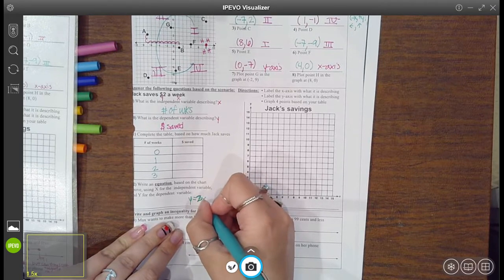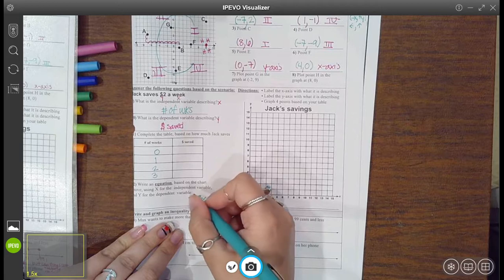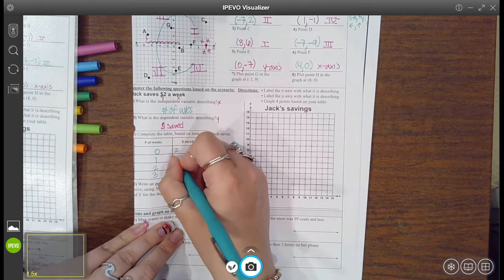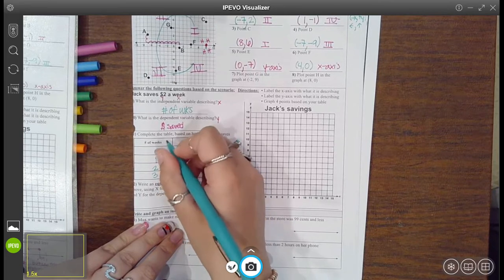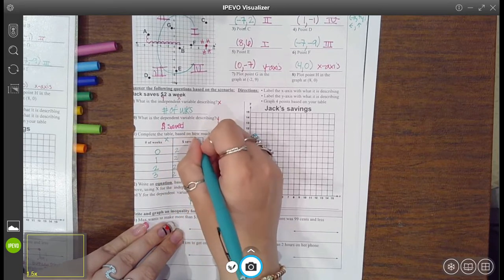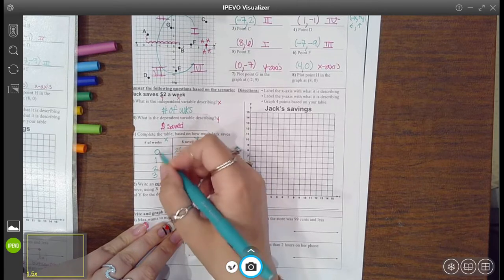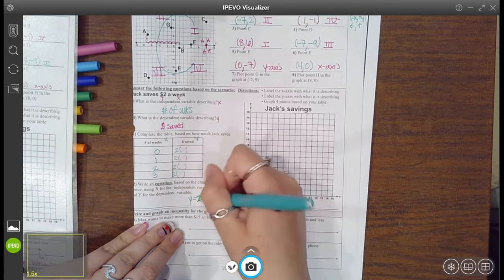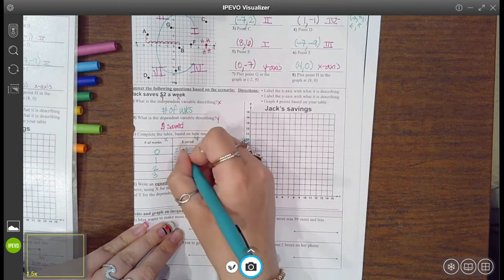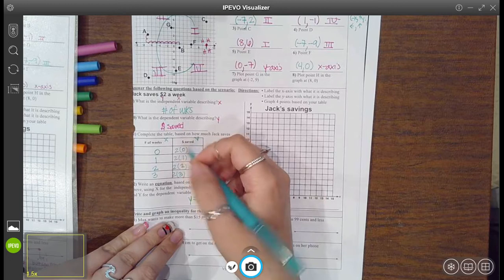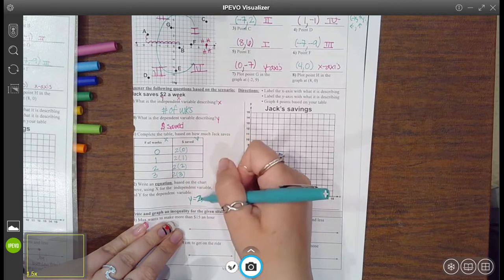It's $2 times however many weeks you've been saving equals the total money you have saved. So I'm going to substitute in some numbers for X in order to get my Y. And whatever I substitute in for X, I'm going to plug into my equation of 2 times X. So 2 times 0, 2 times 1, 2 times 2, 2 times 3. My equation is Y equals 2X.